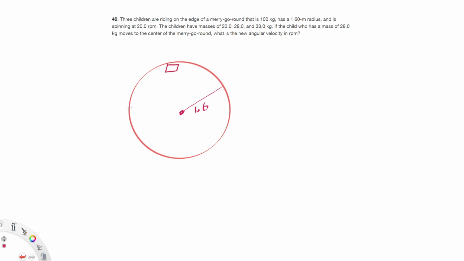They are all originally at the edge, and these masses are 22, 28, and 33 kilograms. Also, there's the mass of the merry-go-round itself.